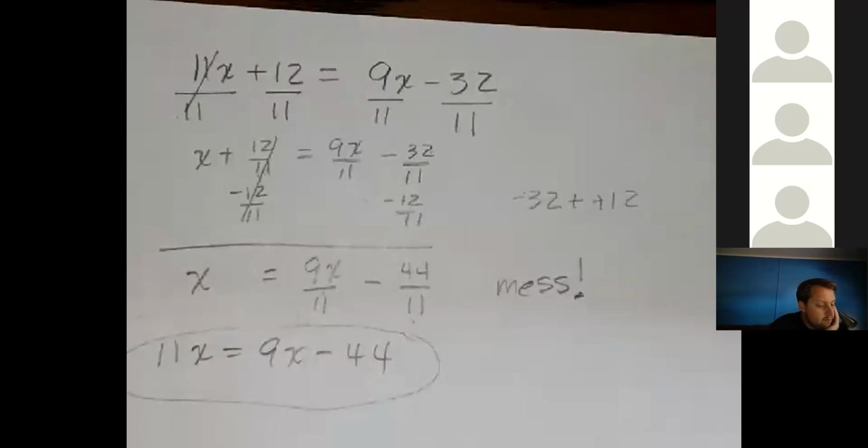There are many correct things that you can do to an equation, but some of them make it messier and some of them simplify it. And we want to get it simplified as quickly as possible.